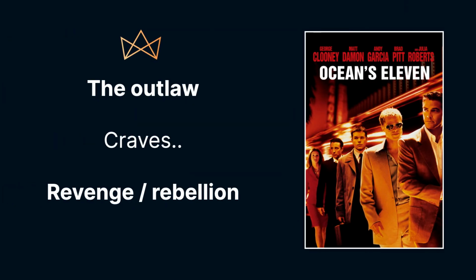Then you have the outlaw. The outlaw is often motivated by a need to better the world through somewhat questionable means. These are your sort of rebellion, outlaw, radical people. Think about Ocean's 11. Think about Fight Club. They're doing these unethical things. They're trying to sort of get something done and using sort of questionable means.